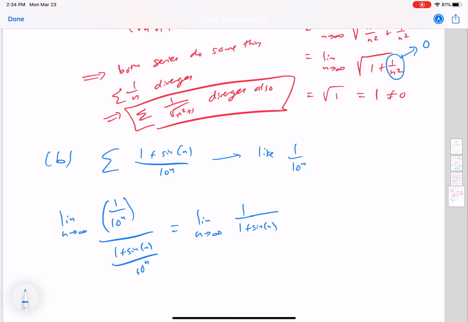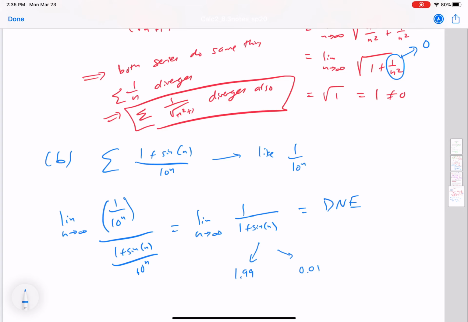And the problem with this is that the limit does not exist. So this sine of n is going to just bounce back and forth between -1 and 1, and it's never going to settle on any particular numerical value, right? Like this 1 plus sine n, it could be as large as like 1.99, and it could be as small as 0.01 or even smaller.